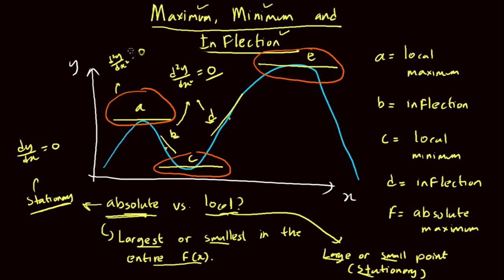Oops, sorry, let me use the other eraser. As we discussed earlier, it's less than 0, it's negative. Whereas for the minimum, the d square y over dx square is positive. So you see the change from negative second derivative to positive second derivative, and the point responsible for that, which lies at d square y over dx square equals 0, is what we call the inflection point.